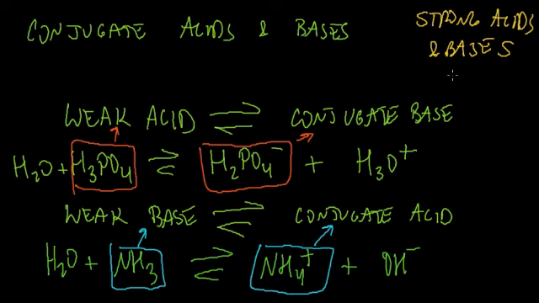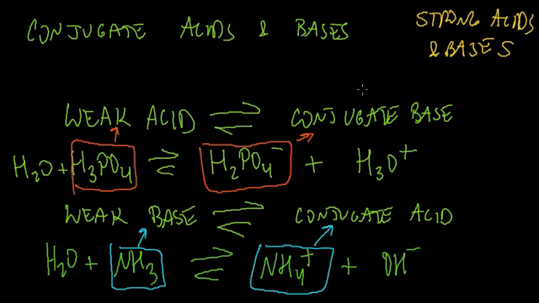You could pick apart hydrochloric acid dissociating in water, forming the hydronium ion and a chloride anion, and that chloride anion will be a conjugate base of the very strong acid, but it really doesn't have any basicity whatsoever.